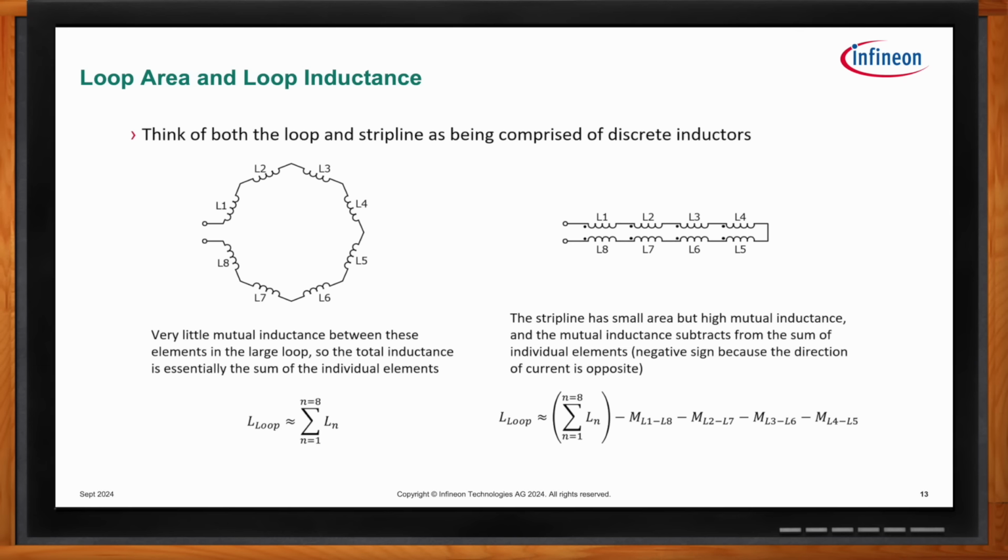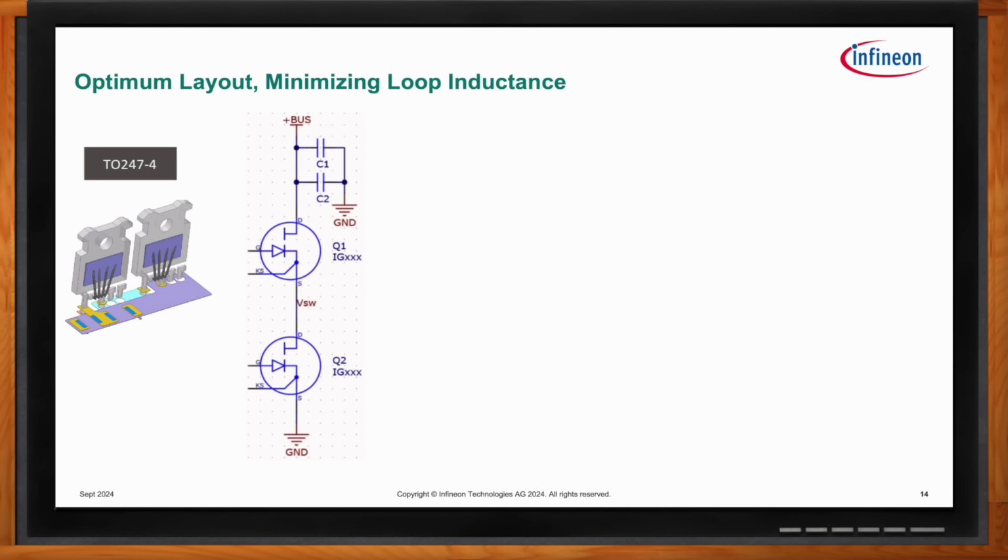To put that in perspective, let's take a look at a simple half bridge arrangement, both in the form of a schematic as well as a physical layout, as shown here on the left side of this slide. So examining a best case traditional method of constructing a fundamental half bridge block using these through-hole TO-247 devices, we can place the high frequency decoupling capacitors C1 and C2, for example, on the blue pads, which extend to the Q1 through the yellow polygons.